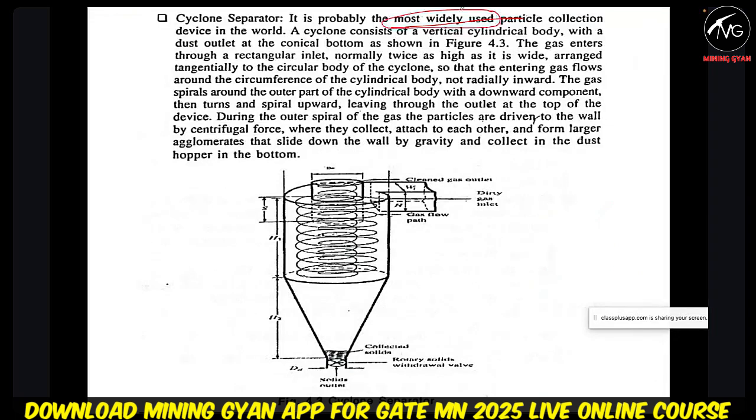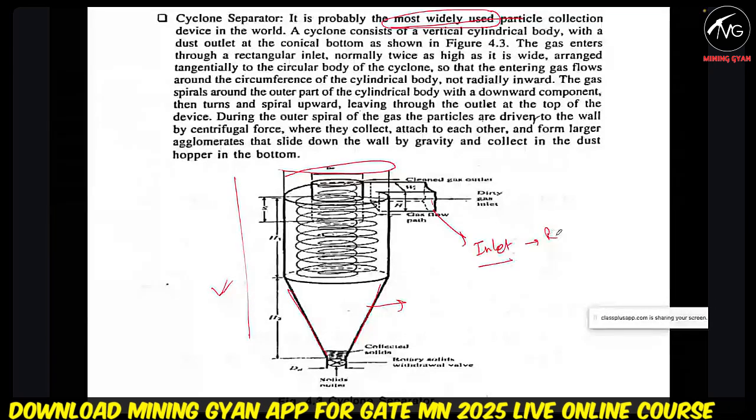The cyclone is a vertical cylinder, right? And the dust collector is conical in shape. So this is the rectangle. It is the inlet point, and it is rectangular.